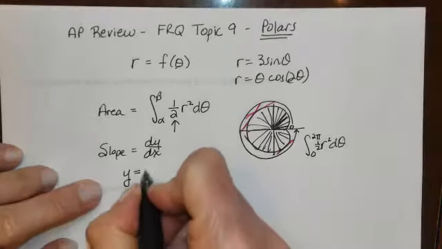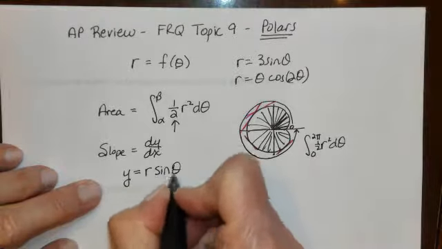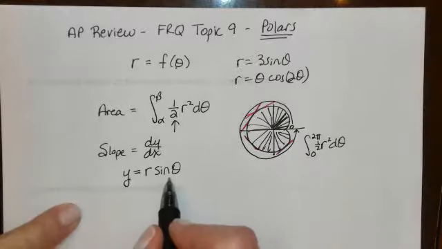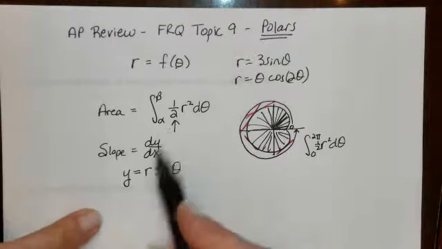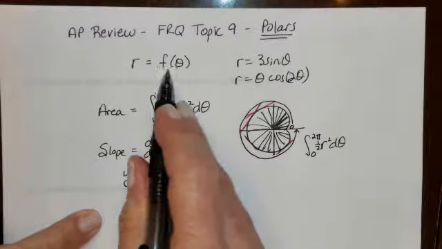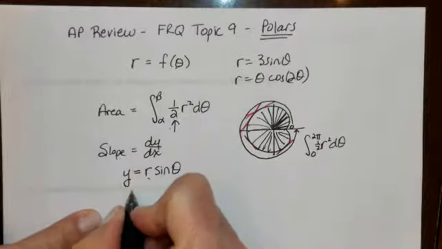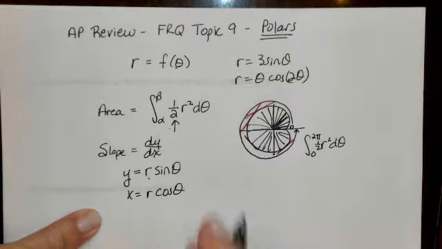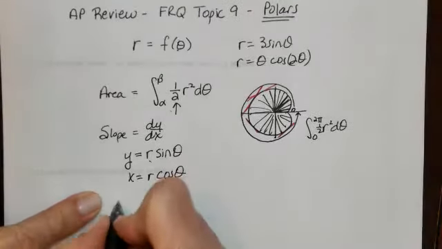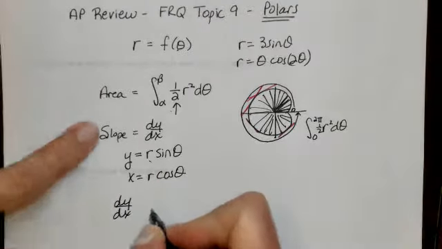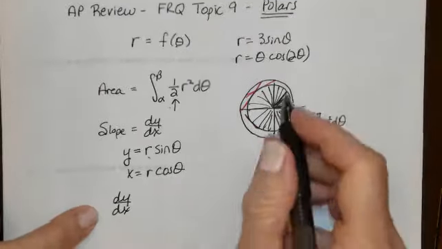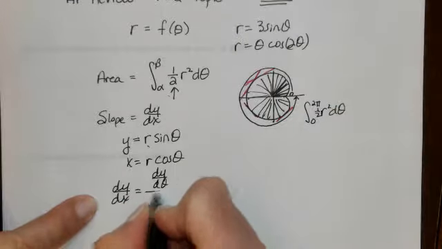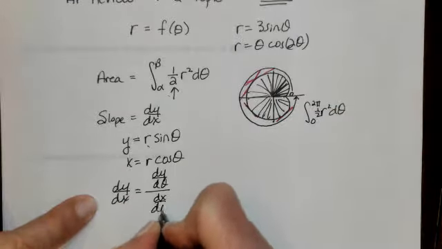And the answer is we know two little pieces of information. y is always equal to r sine theta, and back in this unit we saw why that is true, but y is equal to r sine theta. So we can replace r with whatever function of theta you have, and x is always equal to r cosine theta. Okay, so if you want dy dx, the slope of the tangent line to that curve, we can write that parametrically, dy d theta over dx d theta.